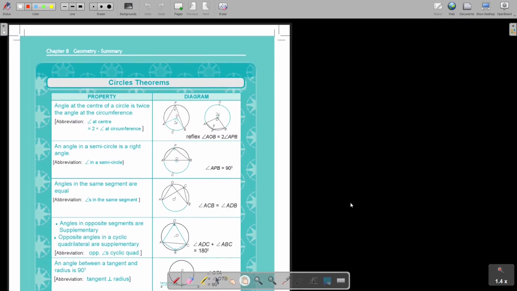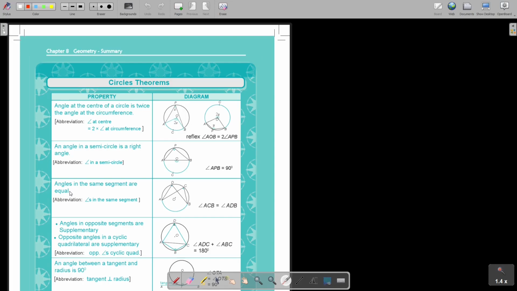So the first property, and I'm going to write it down at the end, is angle at the center. I'll just show you first. Angle at the center, angle at the circumference. And that center angle is twice the circumference angle. Then angle in a semicircle, the second one. Then angles in the same segment. And you must memorize those words because they can ask it like in this question.